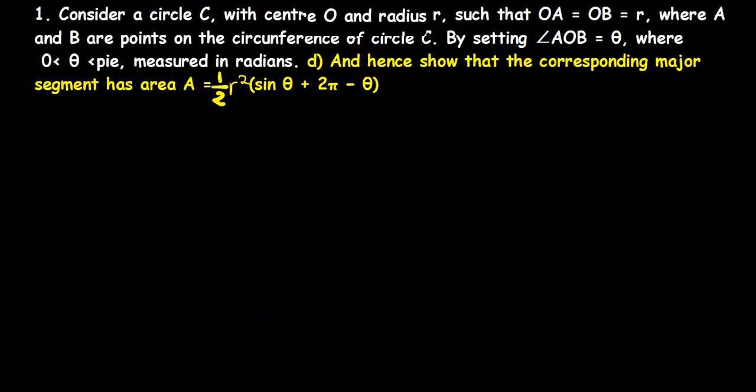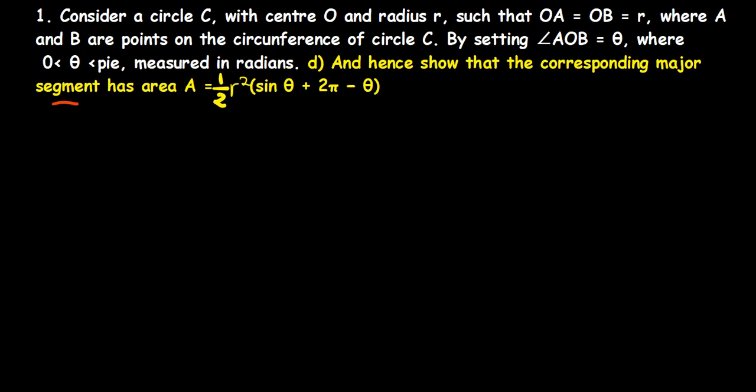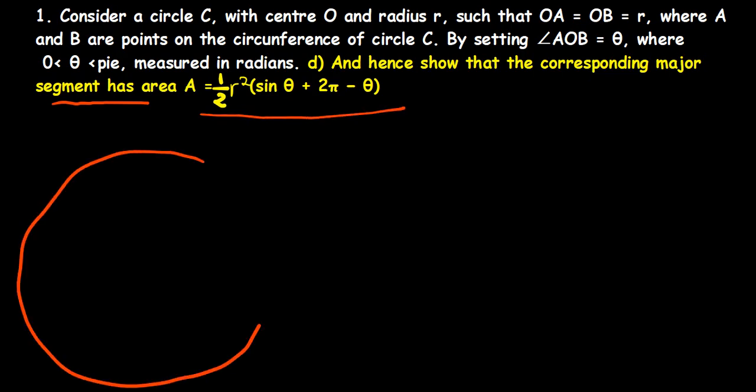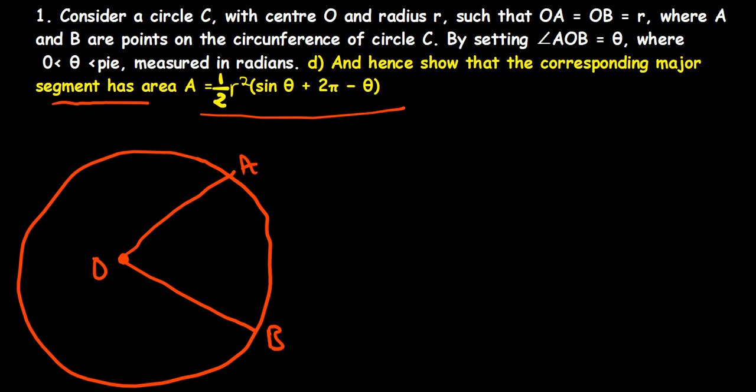So here we're being told to show that the corresponding area of the major segment has this formula here. So let's draw the circle that we had there. This was the circle, and this was the center. Then we had this sector that was being formed here.